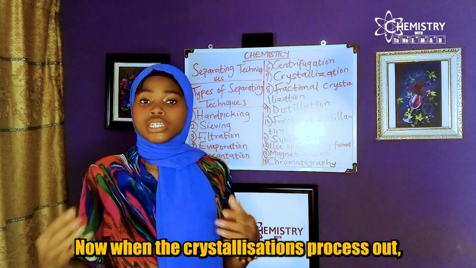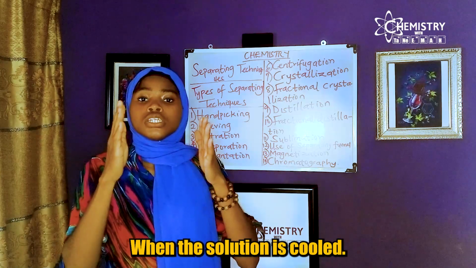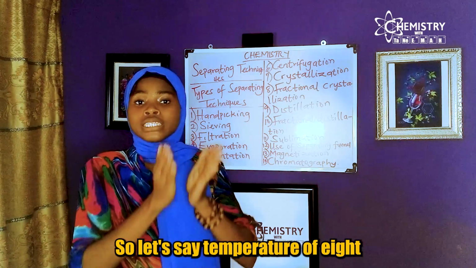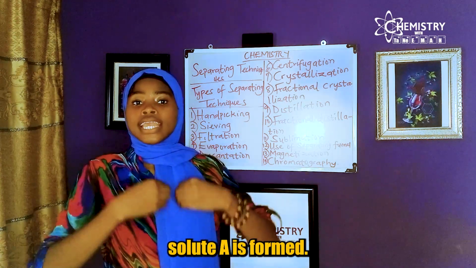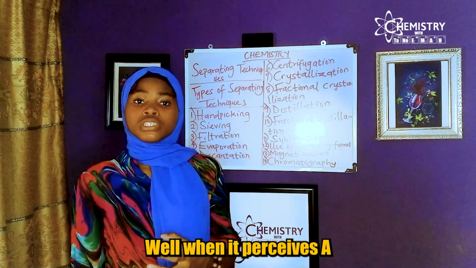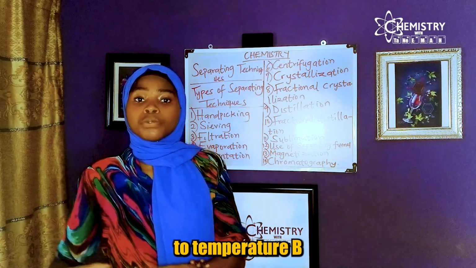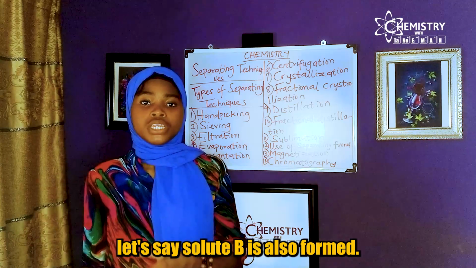Now, when the crystallization process is carried out, when the solution is cooled to, let's say, temperature A, solute A is formed. But when it gets cooled further to temperature B, let's say solute B is also formed.